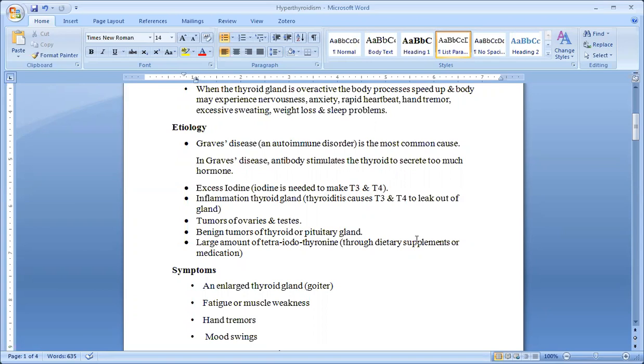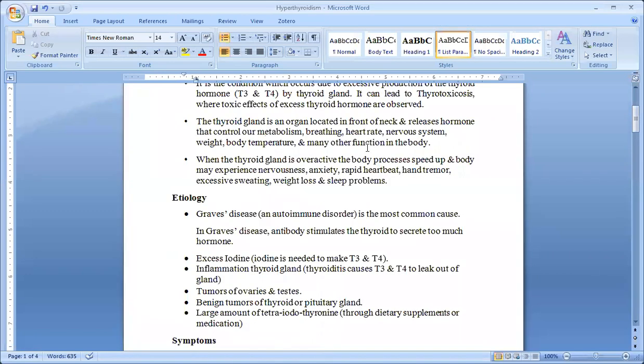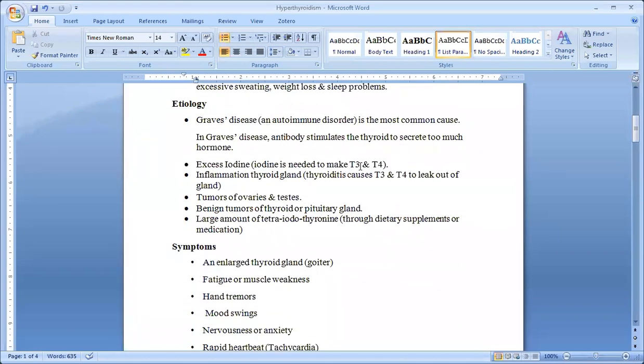If you eat more dietary supplements, it supplies a large amount of T4. Due to that, more T3 and T4 leads to hyperthyroidism.